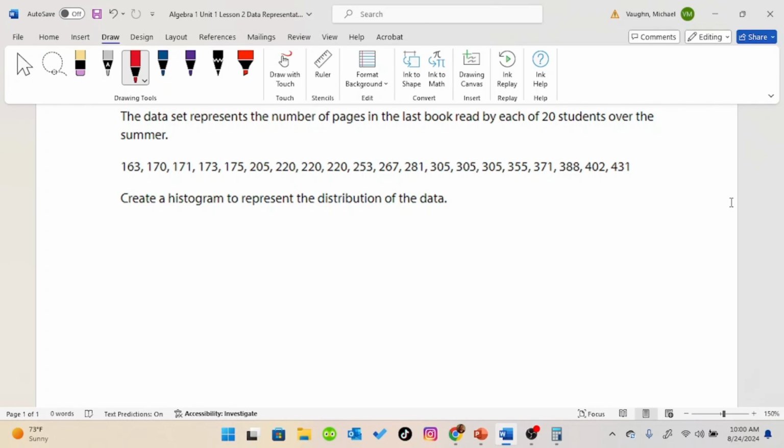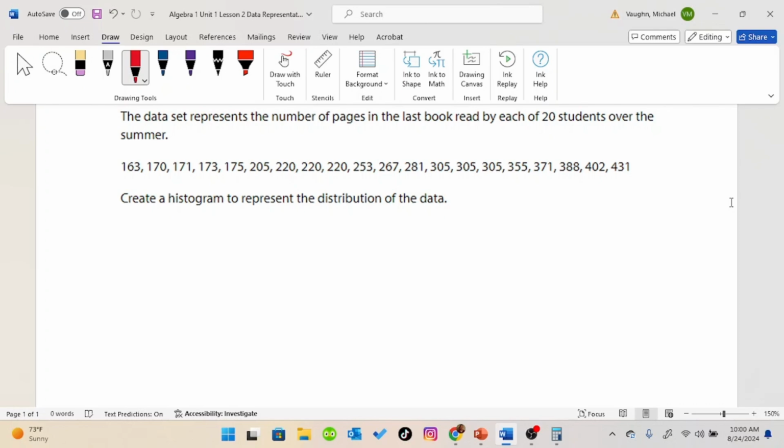Now, you will select how big your sections will be, or how big your buckets will be. It could be every 10, 20, 30. It's up to you.